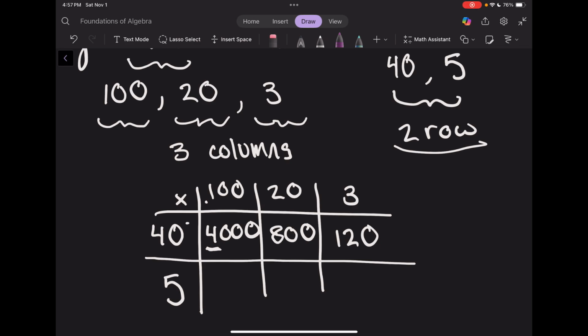And a little trick that I used there was I did 4 times 3, which gives me 12. And then since I have a 0 here, that's how I got 120. 5 times 100, well, I know 5 times 1 is 5, and then I use the little zeros trick. 5 times 20 is 100, and 5 times 3 is 15.